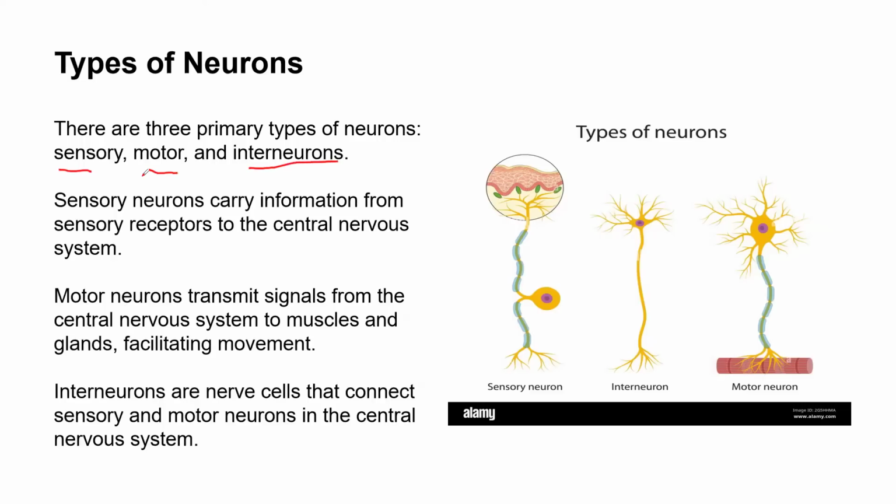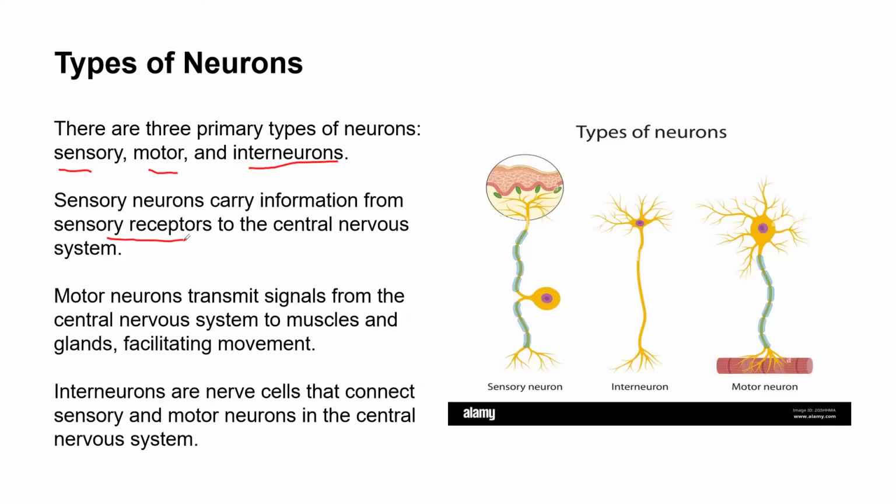What these sensory neurons do is carry information from sensory receptors to the central nervous system. What are the sensory receptors? Don't forget, ladies and gentlemen, whenever we say sensory information, there is information like vision, hearing, smell, taste, touch, movement, and balance, hunger, pain, and thirst. These are examples of sensory information. These sensory informations usually come from sensory organs, and each and every sensory organ has its own sensory receptors.